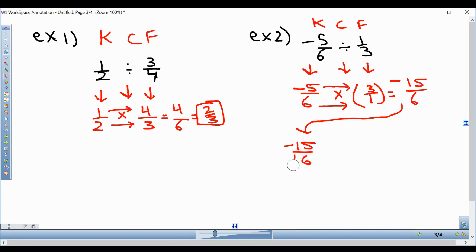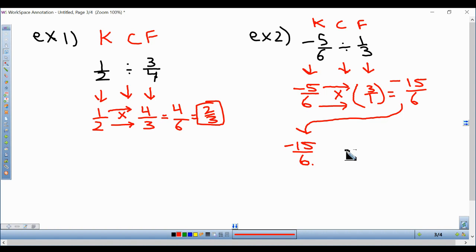And this should look funny to you. Not exactly the negative sign, but what type of fraction this is. And you should know from last year and the year before that this is an improper fraction. Your numerator should not be bigger than your denominator. So we have to take this fraction and turn it into a mixed number.